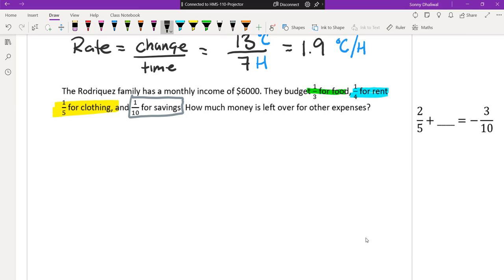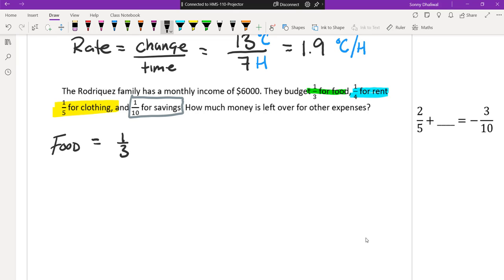So let's calculate. Do we convert them to decimals? Well, with money, it doesn't make sense to leave the answers as fractions. So we always convert to dollars and cents. So we have a third for food.